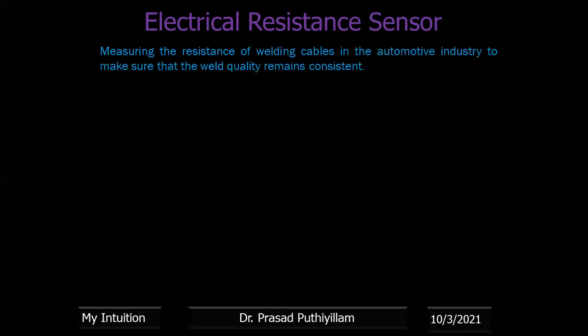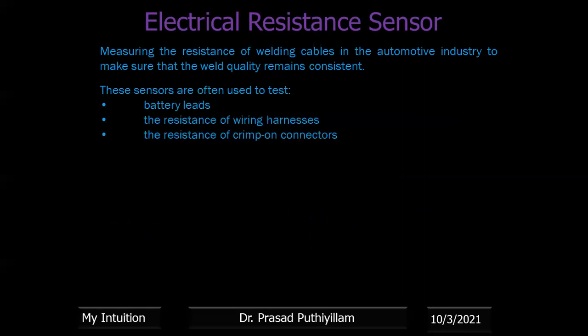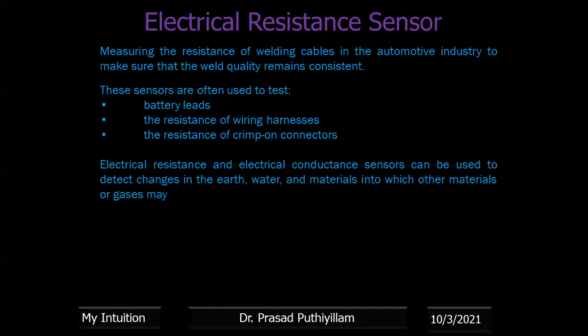Now, measuring the resistance of a welding cable in the automotive industry, we need a sensor for that, and even electrical resistance sensors are used for batteries to test the battery leads, the resistance of wiring and its hardness, and the resistance of crimp-on connectors.